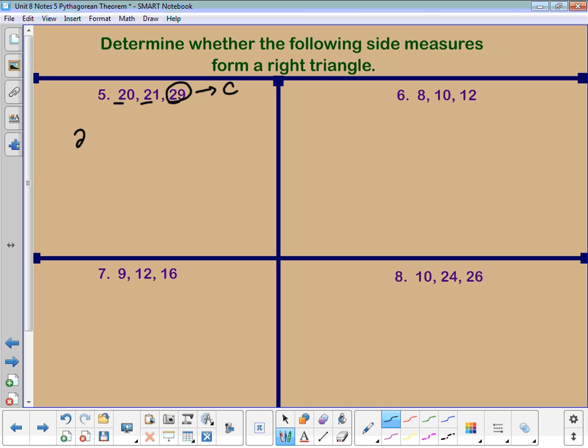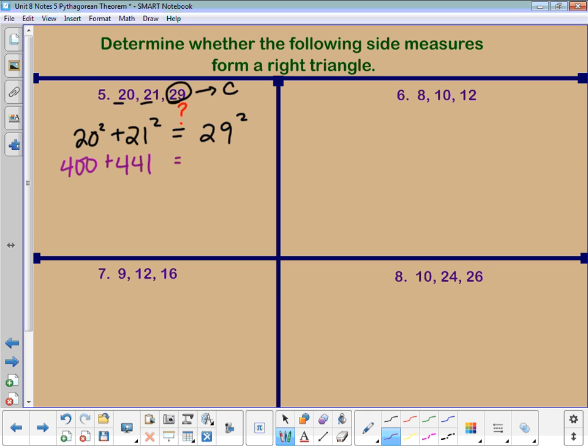That has to go in the spot for C. So I have 20 squared plus 21 squared equaling 29 squared. And this is what we're asking: is that actually true? If that's true, then they make a right triangle. If it's not true, then they do not. So let's check it out. 20 squared is 400. 21 squared is 441.